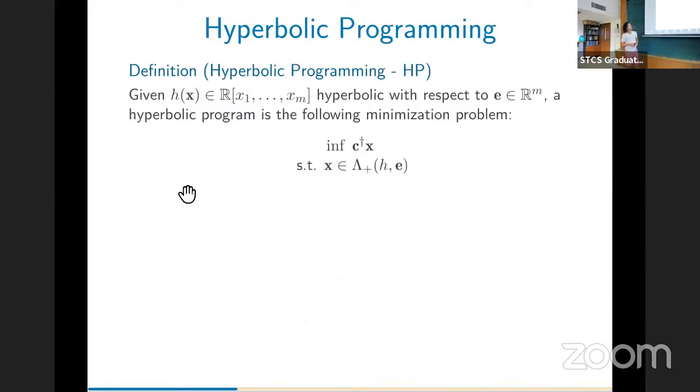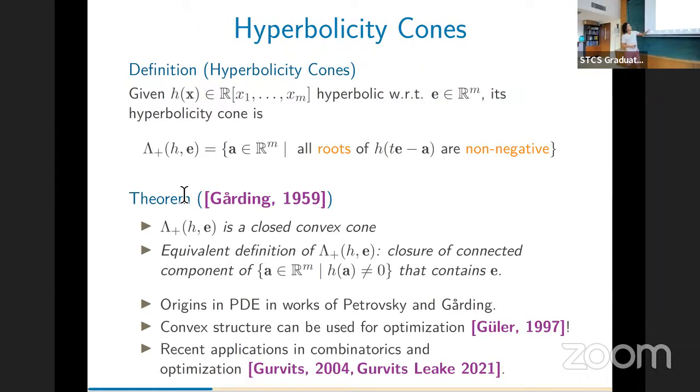Okay, now let me just tell you, once we have hyperbolicity cones, we have the 2 examples, right? That's the product of variables polynomial and the determinant. So what are the hyperbolicity cones for these 2? Well, for the product of variables, the hyperbolicity cone is exactly the positive, or the non-negative, orthant.